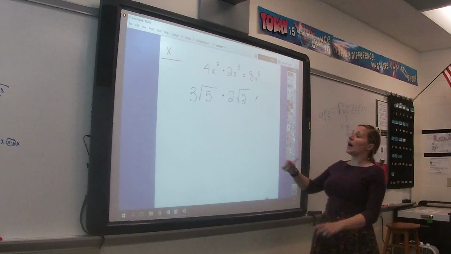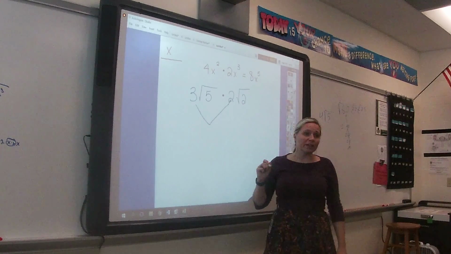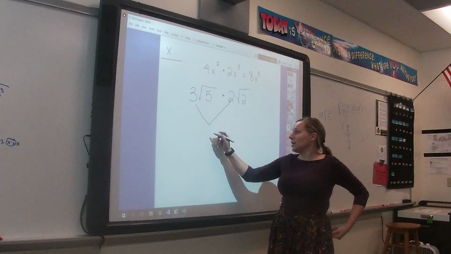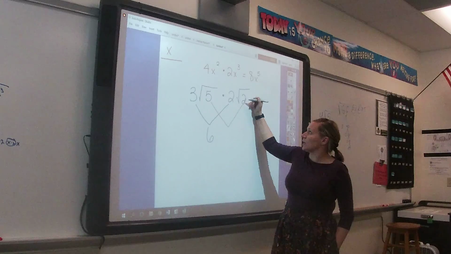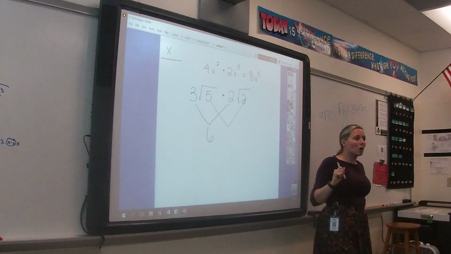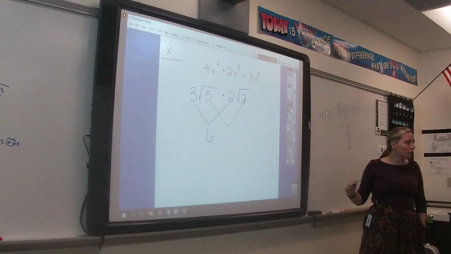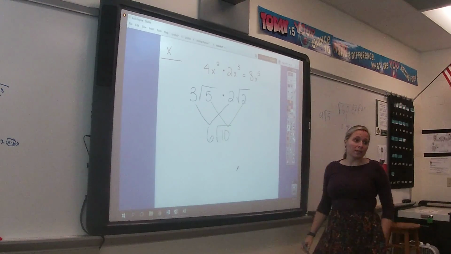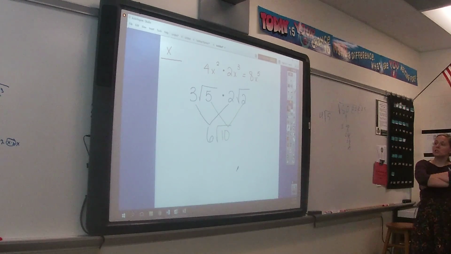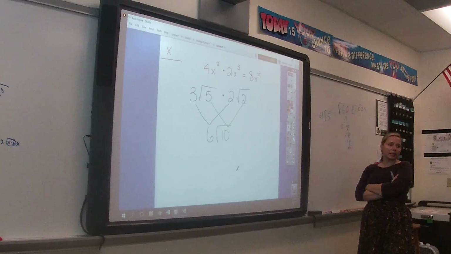We will multiply the 3 times the 2, which gives us a 6. And then we will deal with, just like we did up here, the x's. So we will multiply 5 times 2, which gives us 10. And so 3 square root 5 times 2 square root 2 gives us 6 square root 10.